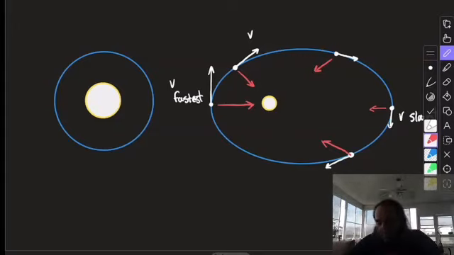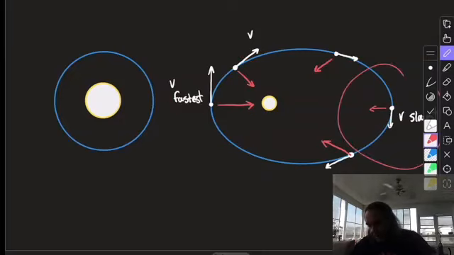But at this moment, the object is actually traveling too fast to be in circular motion. So it falls outside of its circular motion, which is what perpetuates this ellipse and keeps it from being a circle. So when it's here, it's going too fast to be in circular motion. Here, it's going too slow to be in circular motion. That's an elliptical orbit.